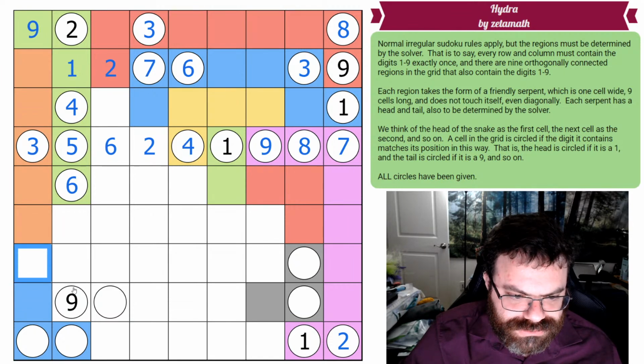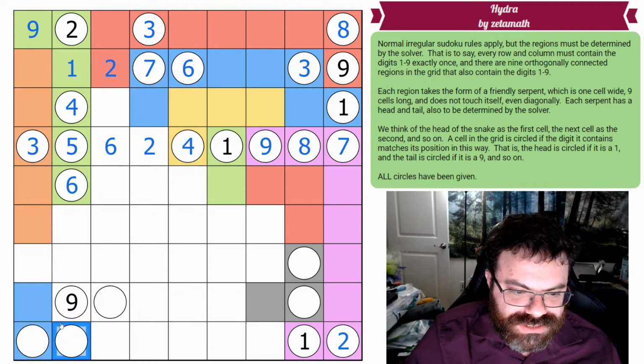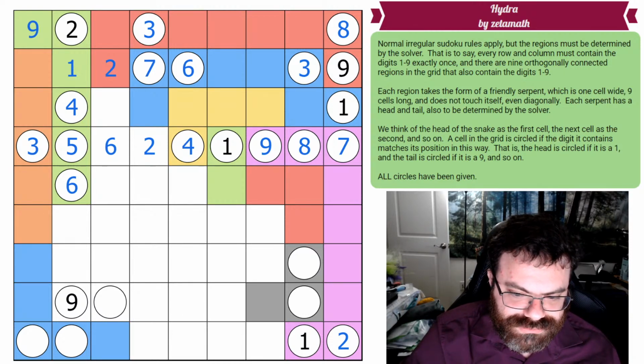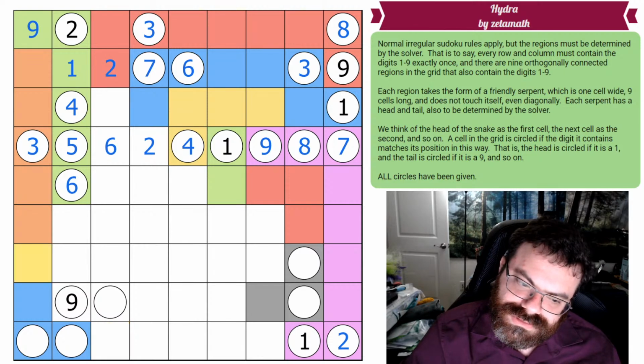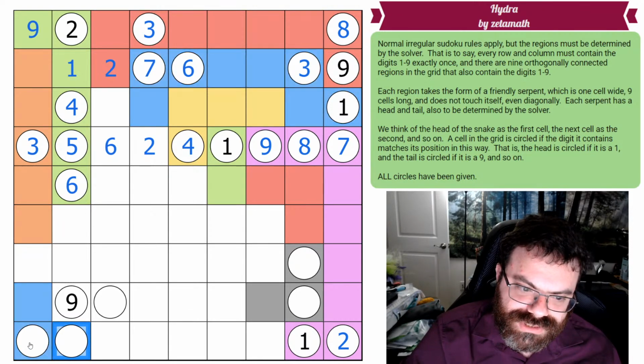So this can't be orange, because if so, this would have to be a 9. But it does have to come up here and here, or it'll... Okay, so since it can't be orange, how am I thinking about this? It could start here. This would be 2, 3.